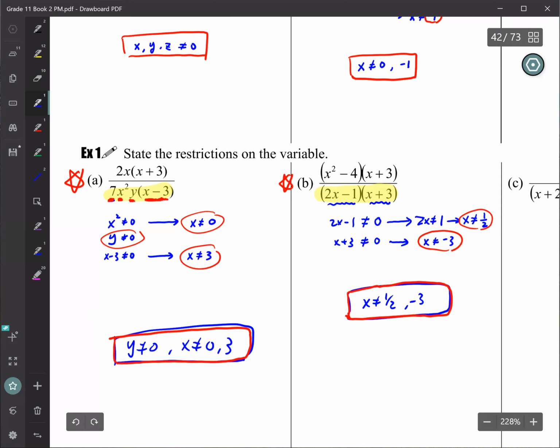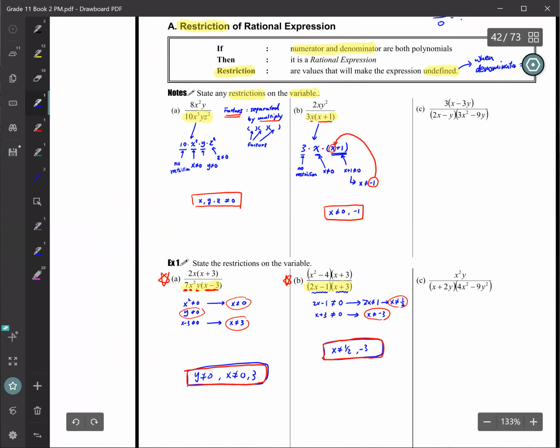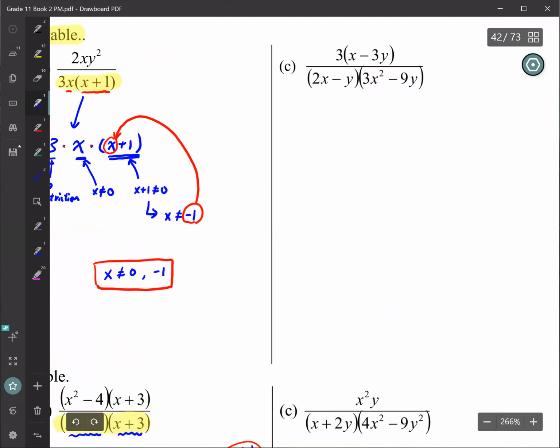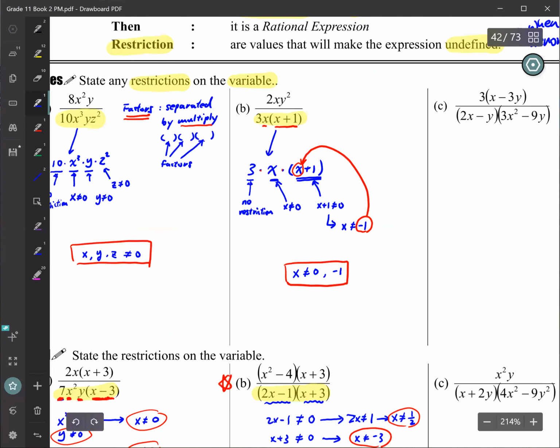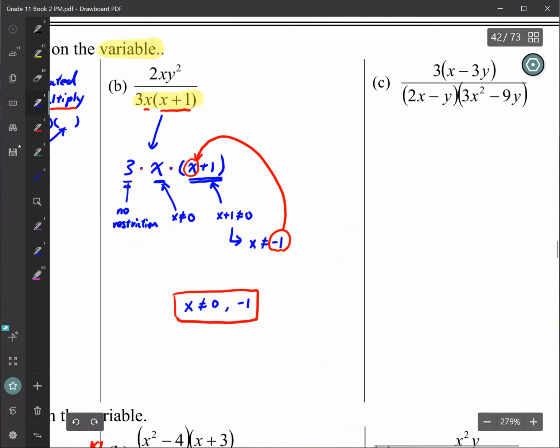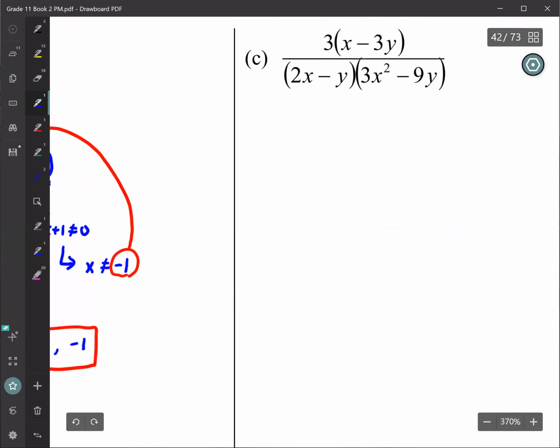All right, good. So let's look at C now. Even though it has more letters, the rule is the same, okay? First thing, check the factors. Second thing, you isolate the variable. So look at C. How many factors are there?